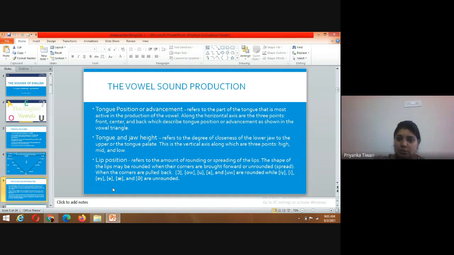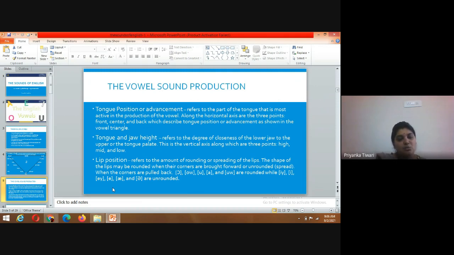Along the horizontal axis are three points: front, center, and back, which describe tongue position or advancement, as shown in the vowel triangle. Tongue and jaw height refers to the degree of closeness of the lower jaw to the upper palate. This is the vertical axis, along which are three points: high, mid, and low.